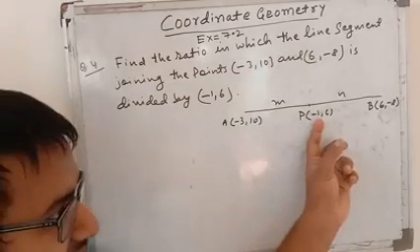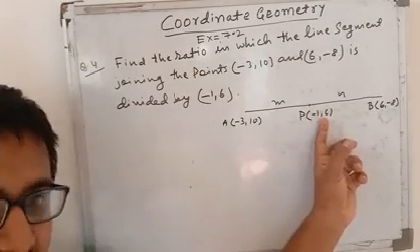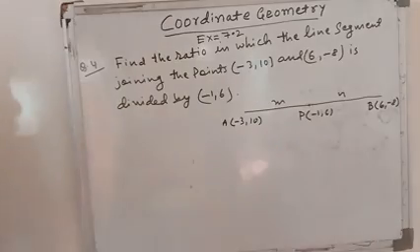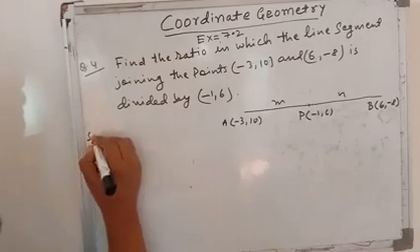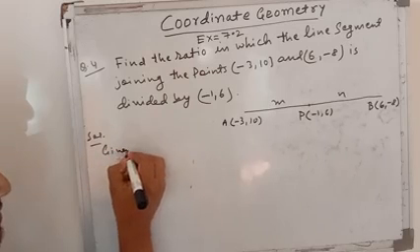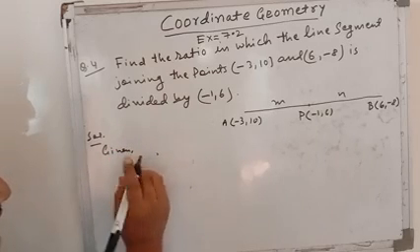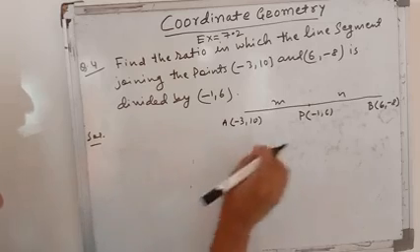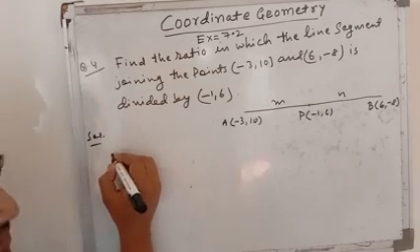It means that here the values of X and Y are given, so we use the section formula. Now you see the solution.